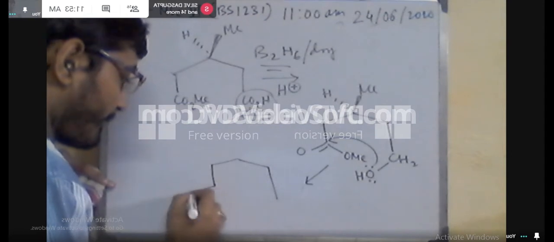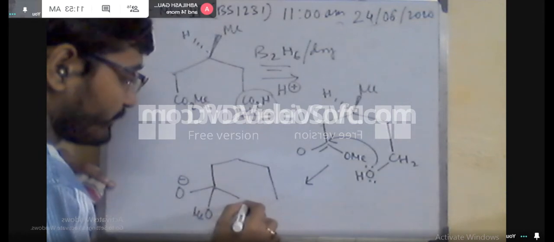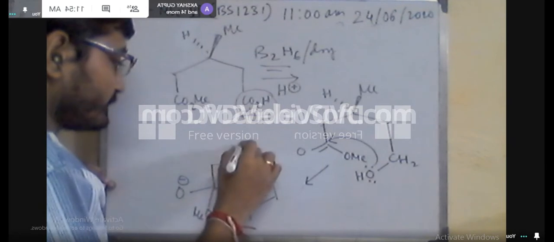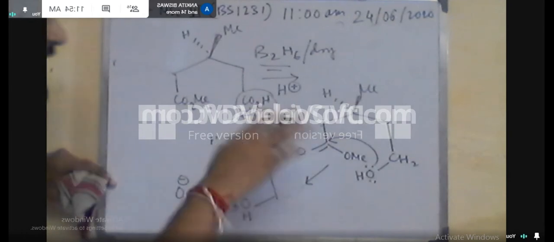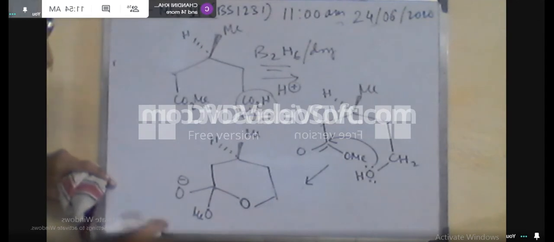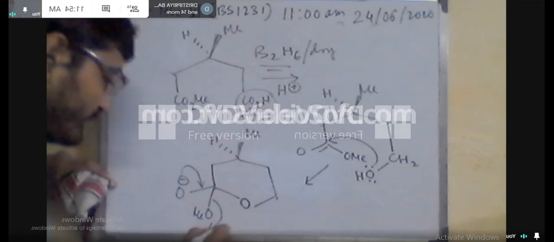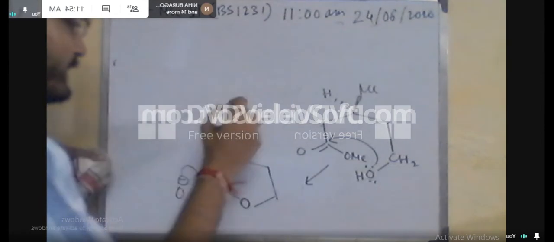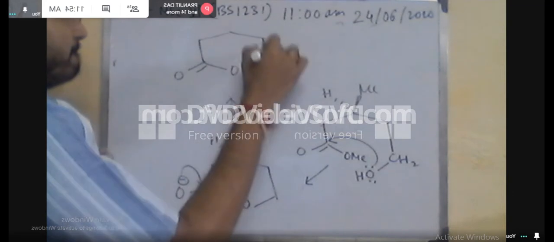To reduce this selectively, you have to use lithium borohydride, because you know lithium borohydride can reduce this CO2Me to the corresponding alcohol. So here it will be converted to CH2OH and an acid catalyzed reaction. So acid catalyzed means the same pathway. This is now plus, it is the nucleophile, it is the electrophilic center, so it will attack here.